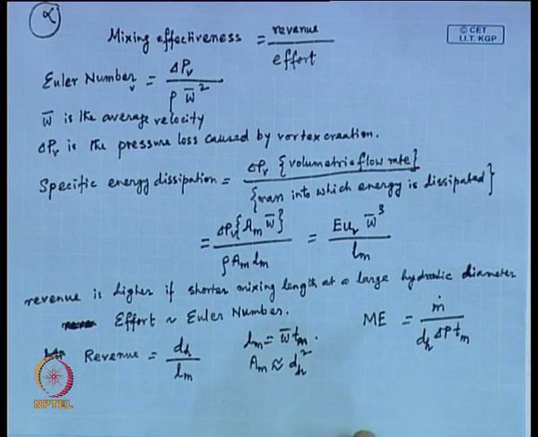You got to understand that if somebody makes a mixer and somebody wants to sell that to you, what will you ask from him? One thing you may ask is that, okay, if I have this stream, I define the stream, what would be the mixing quality, that index alpha at the outlet?